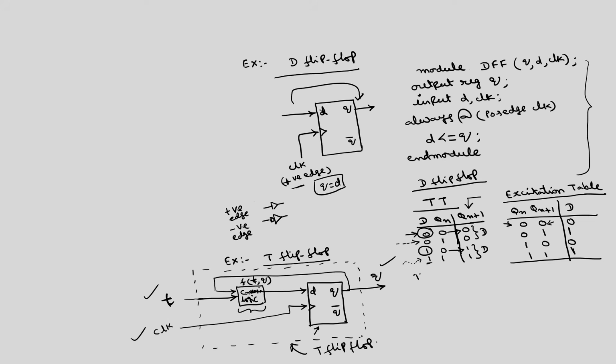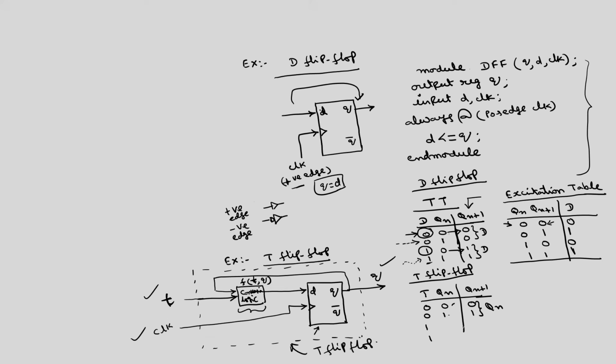Similarly, if I consider the T flip flop, the truth table is T, Qn plus 1. For T equal to 0, simply Qn plus 1 becomes Qn. So, this 0 is transferred, 1 is transferred.